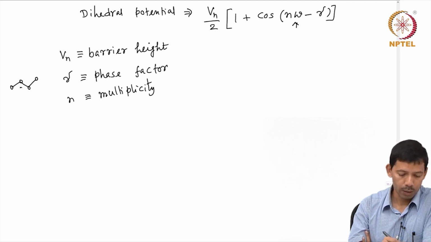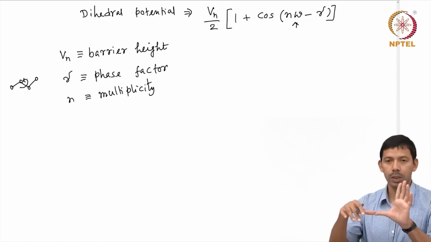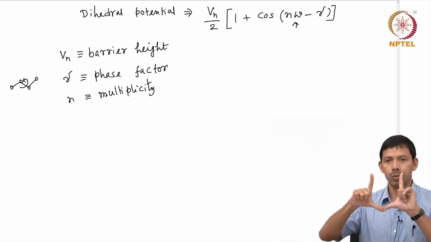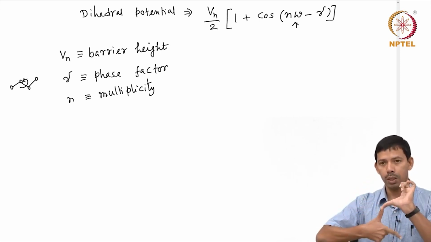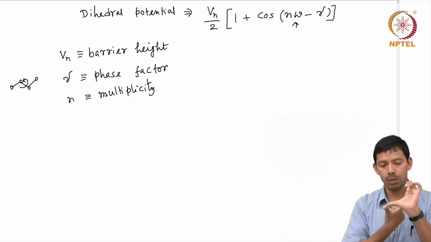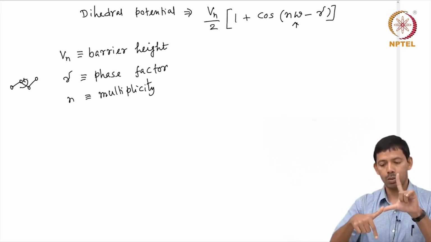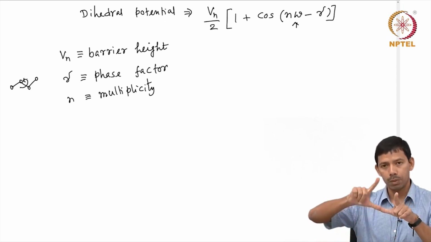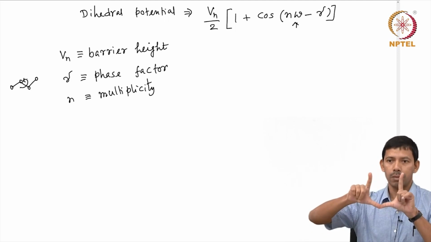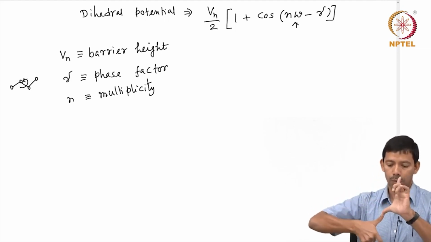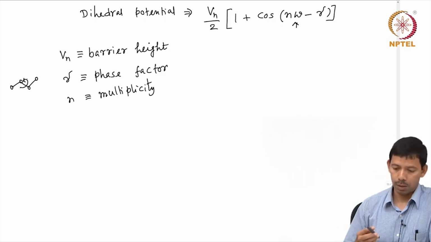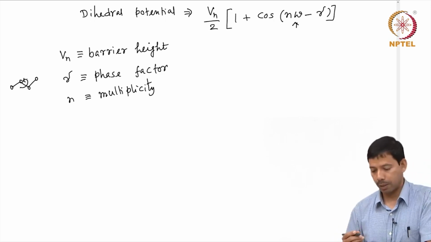This angle is called the dihedral angle, which you can rotate from 0 to 360 degrees, and we look at how the energy is changing from 0 to 180 to 360. So that's the dihedral potential, and that is the definition of the dihedral angle.